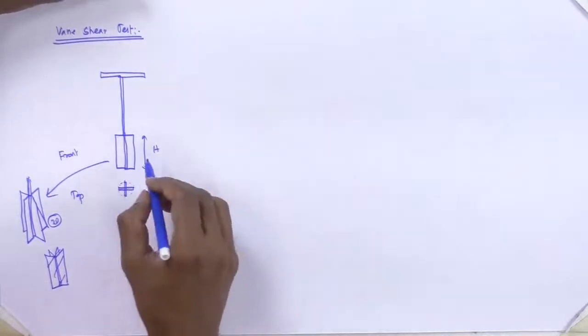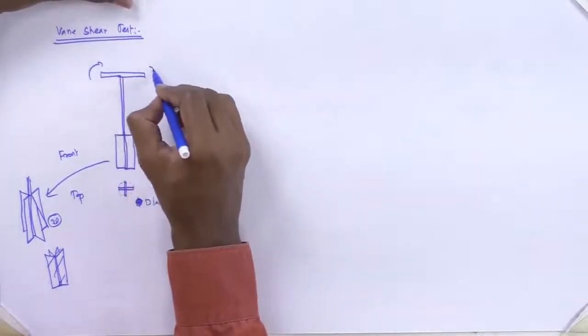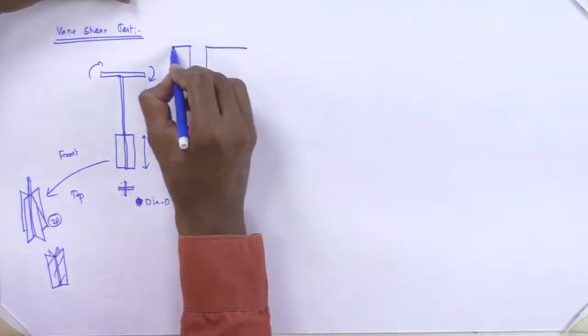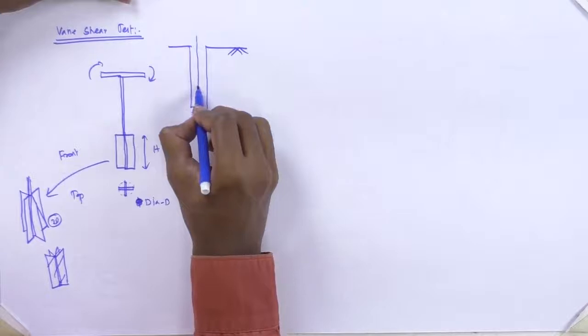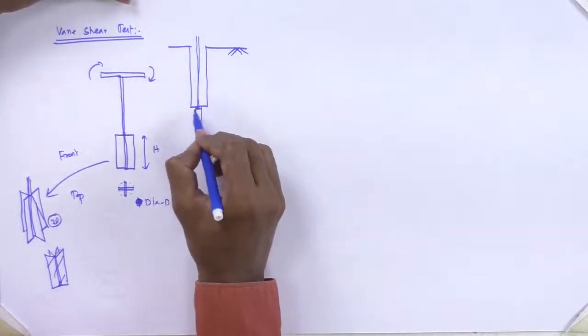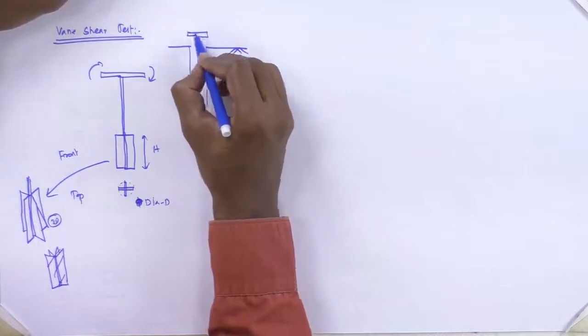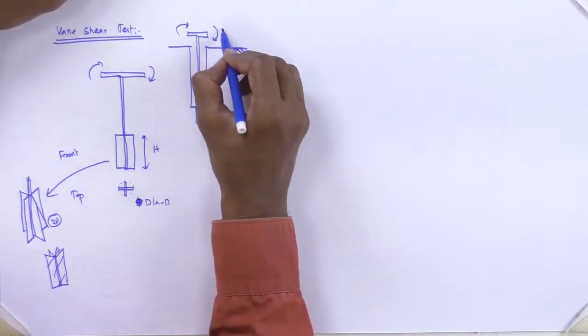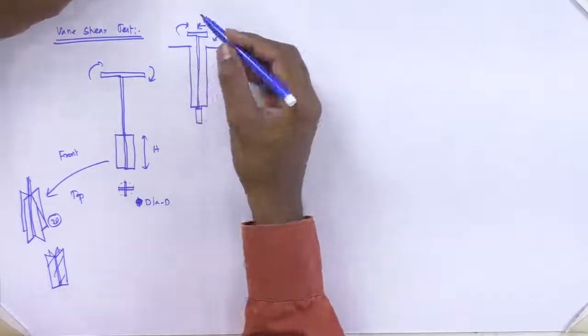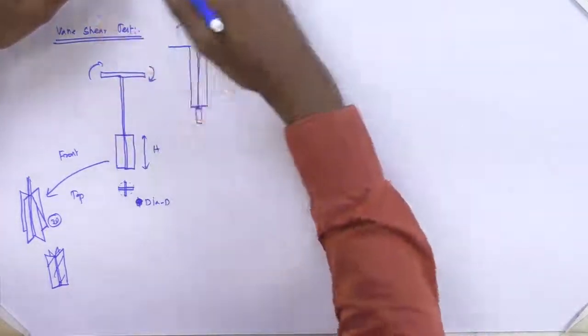What we do is rotate this, let us say in a borehole. This is inserted, so the vane portion is immersed in the soil perfectly. When I am giving some load, this is the lever arm distance Z, so I am twisting it, giving some twisting force.